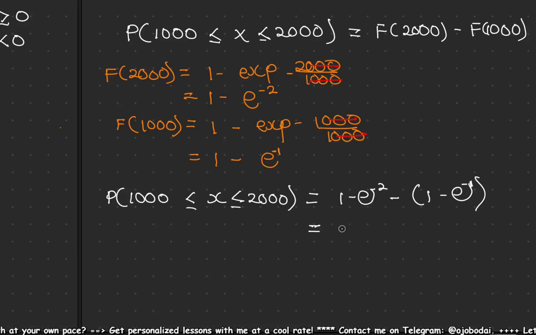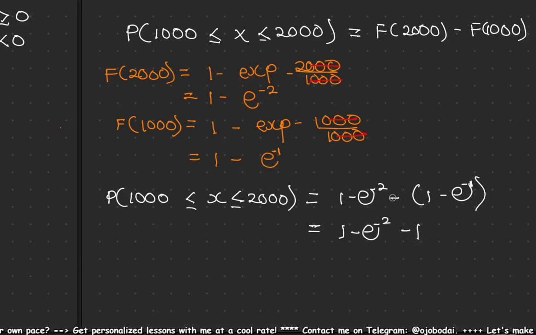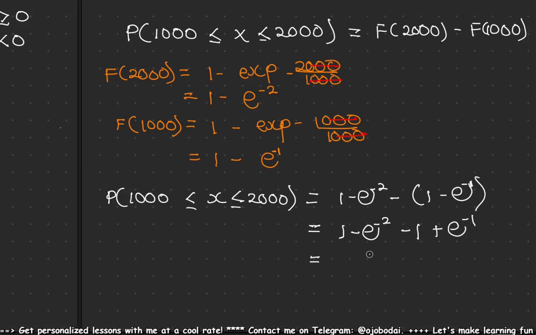Simplifying further, we have 1 minus e to the power negative 2 minus 1. Then this and this gives us plus e to the power negative 1. We have 1 minus 1 giving us what? 0. Easy.